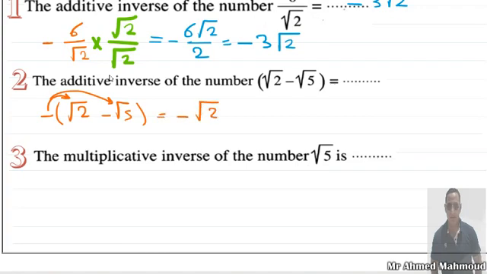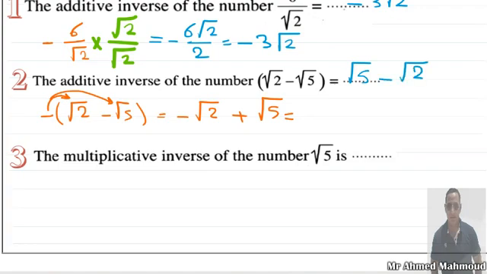And the negative sign here will change to positive square root 5. For the final answer, I will rearrange this to be square root 5 minus square root 2. It will be square root 5 minus square root 2.